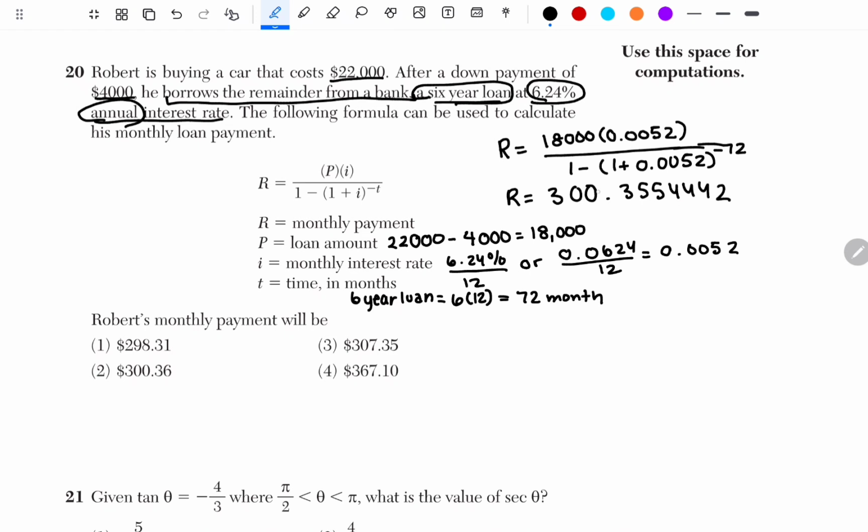And so when we round it, we're approximately at about $300.36, which is going to be answer choice 2.